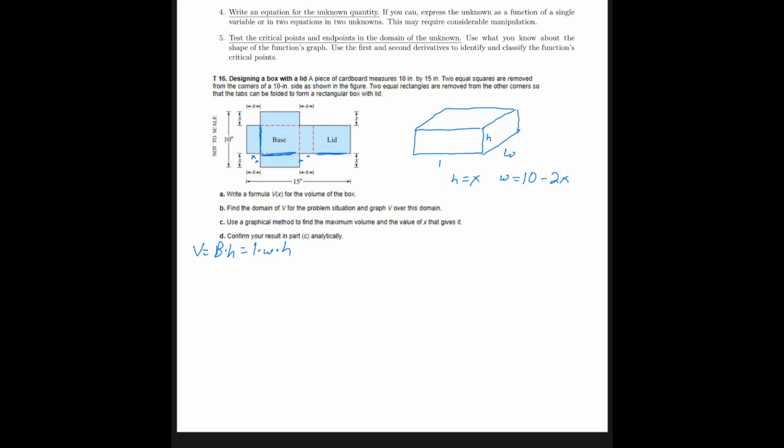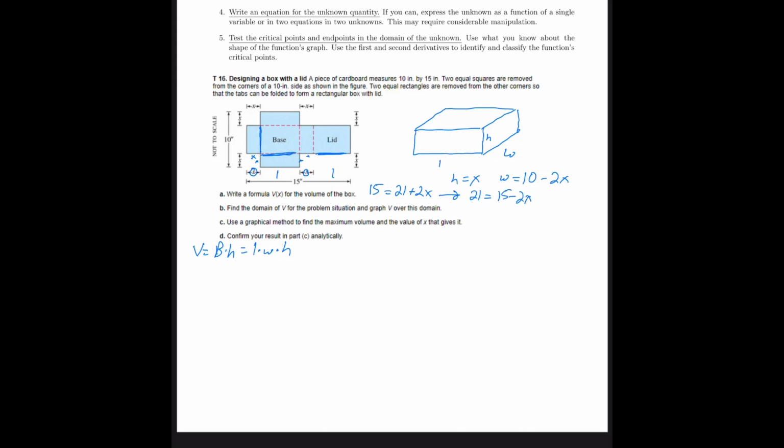And then the length is this side here. So that's going to be 15 minus some things. Okay, so that's going to be a little harder to work out, but the thing you want to notice is this is also the length. So if you think about it more as what does 15 equal? Well, 15 equals an x here, a length here, an x here, and a length here.